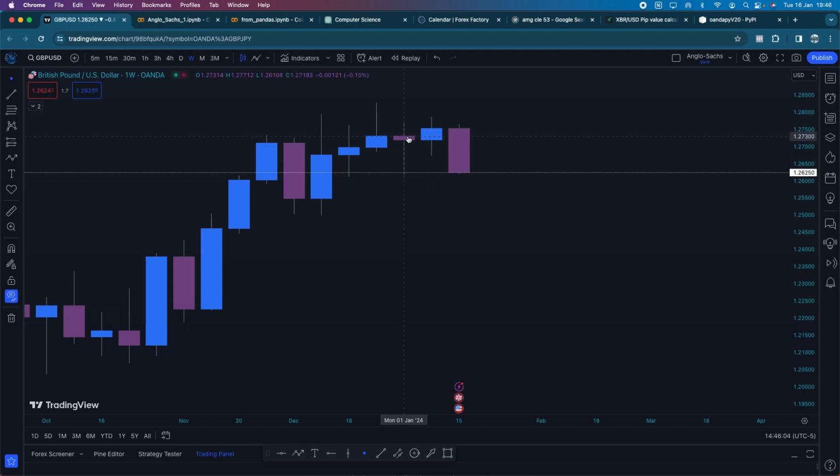So I was expecting this particular week to trade down into this candle, but it didn't do that, and instead it's happened this week. So this imbalance, inefficiency is almost filled.